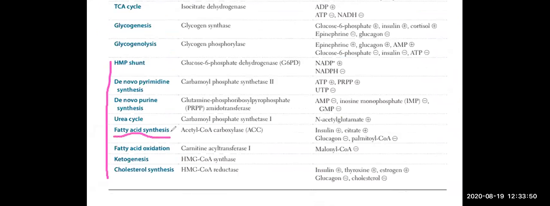In fatty acid synthesis, we use acetyl CoA carboxylase, which we call ACC. Let me show you this reaction of fatty acid synthesis from your First Aid book.